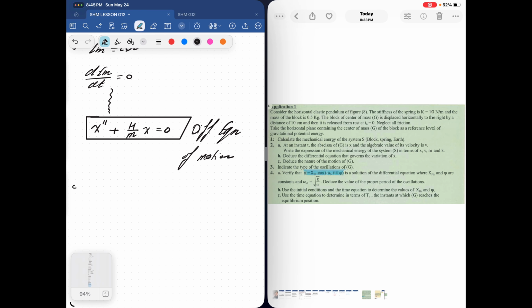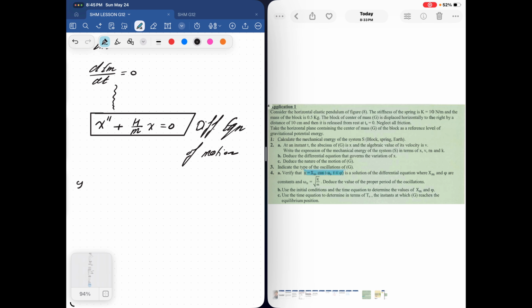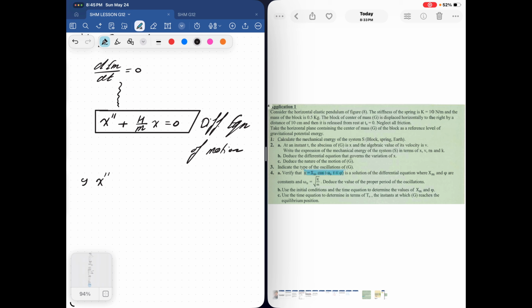Now we go to part C. Deduce the nature of motion. See, now it becomes interesting. We have stated that if the shape of the differential equation is similar to x double prime plus w0 squared x is equal to 0, then it is simple harmonic motion.